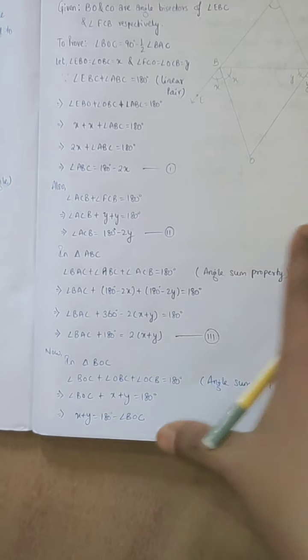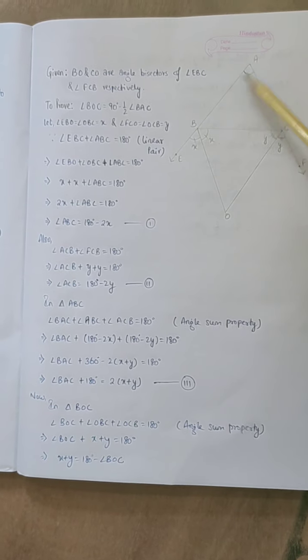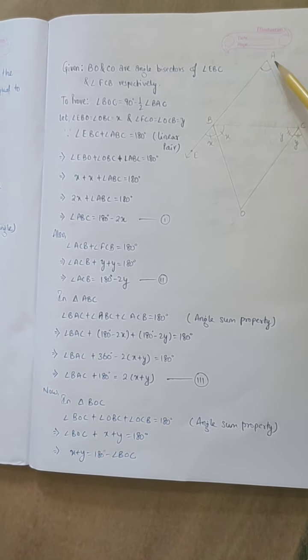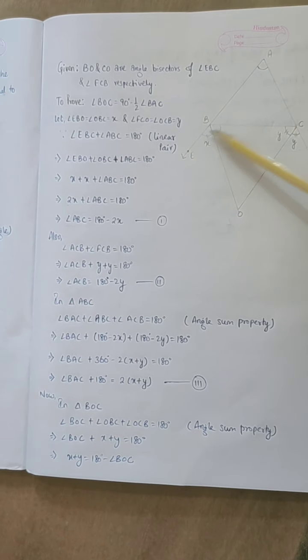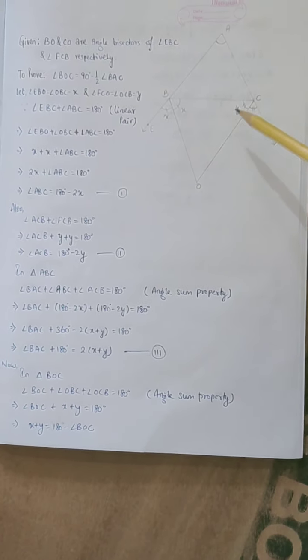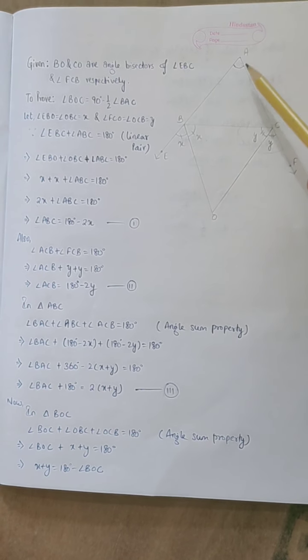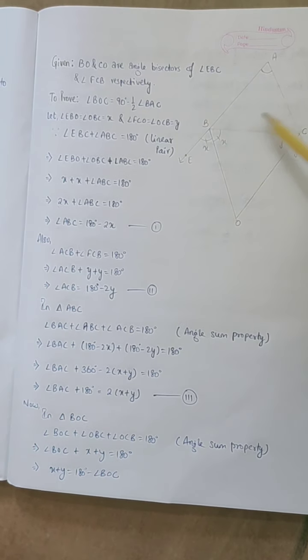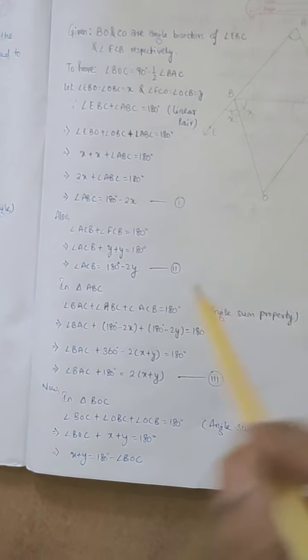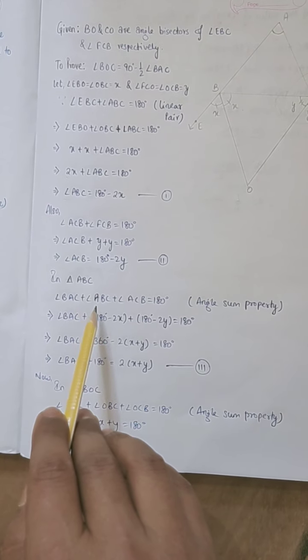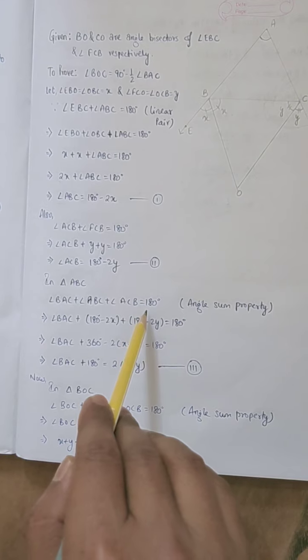Now there are two triangles here. First of all take triangle ABC. In this triangle we can apply the angle sum property. So by angle sum property, angle BAC plus angle ABC plus angle ACB is equal to 180.